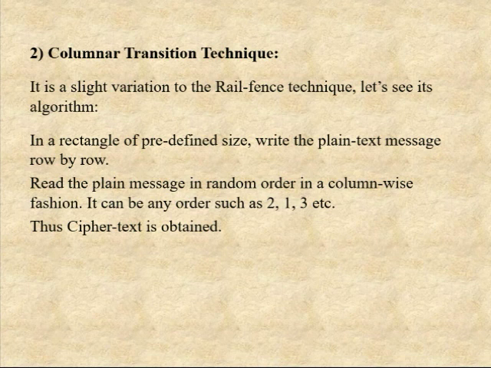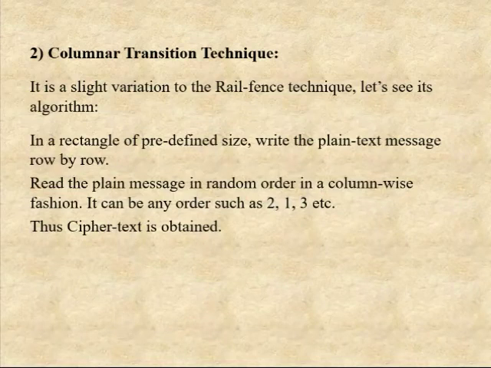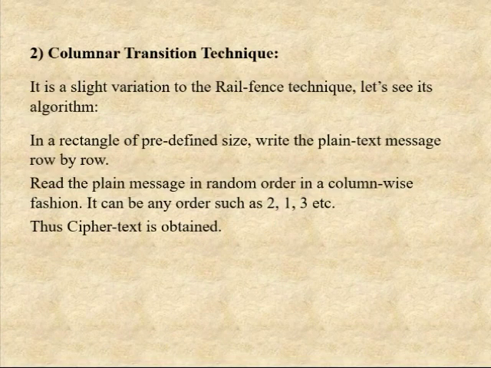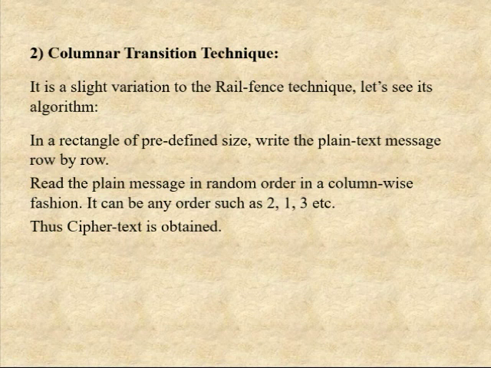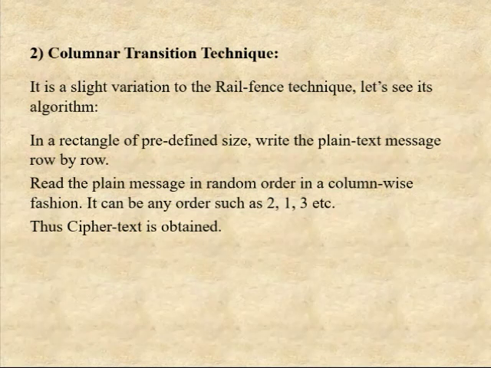Both the width of the rows and the permutation of the columns are usually defined by a key. In a rectangle of predefined size, write the plain text message row by row. Read the message in random column-wise order. It can be any order such as 2, 1, 3, etc.